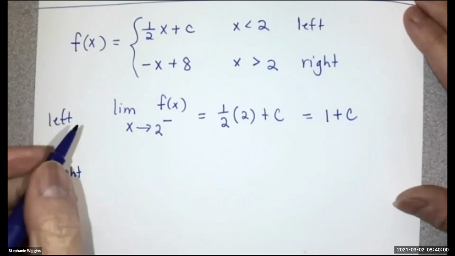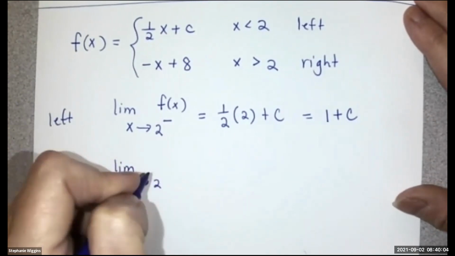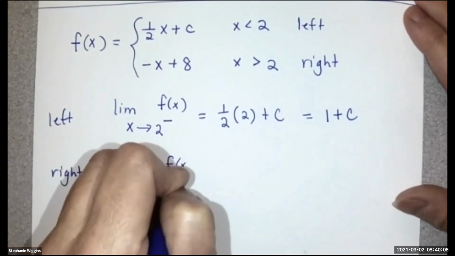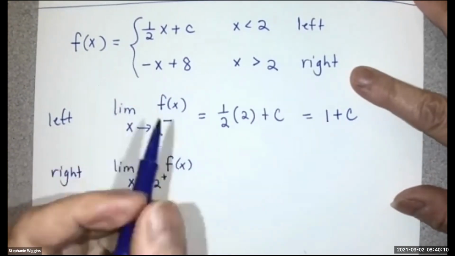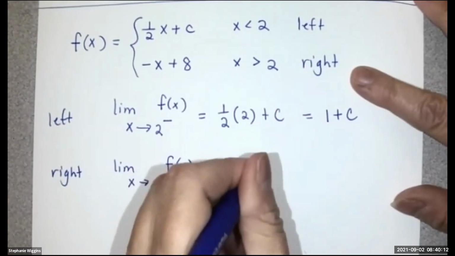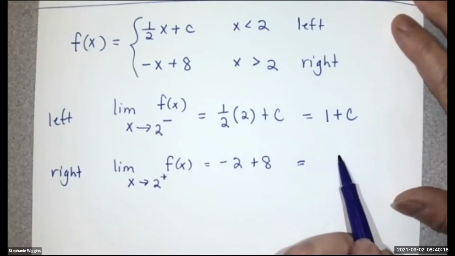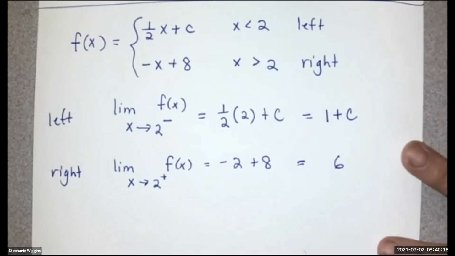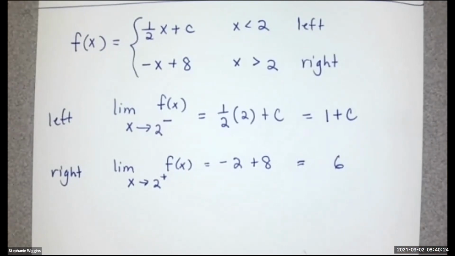And then on the right, x is greater than 2, so I plug in 2 there. And I get 6. Now, in order for the limit to exist, these 2 have to match.